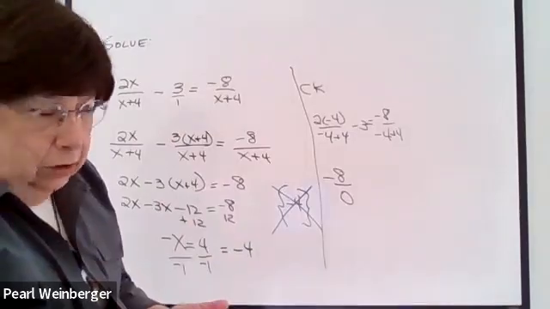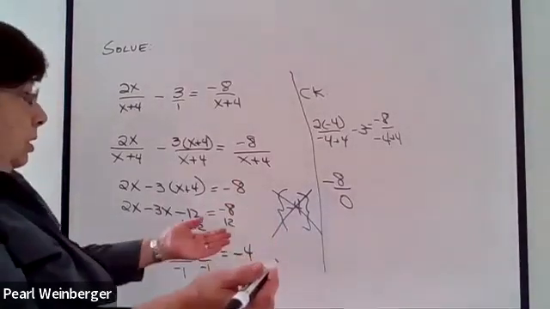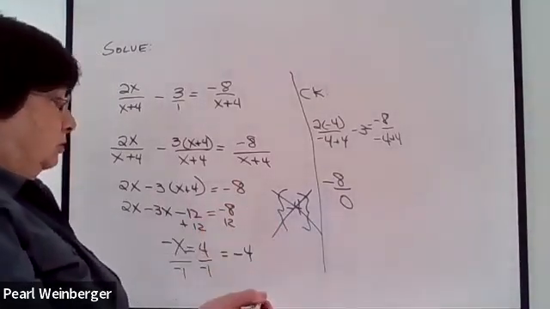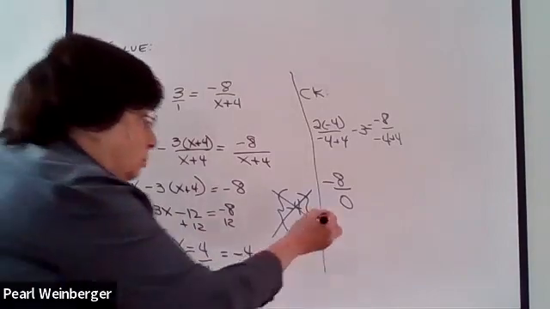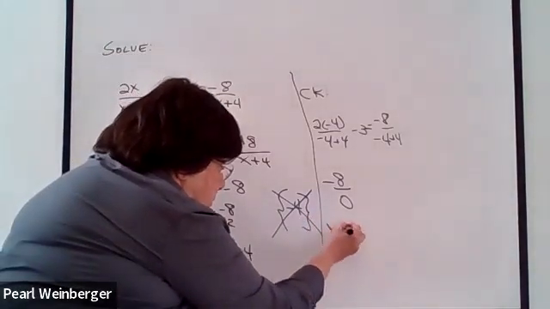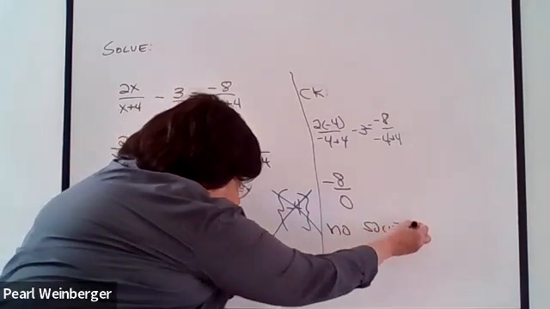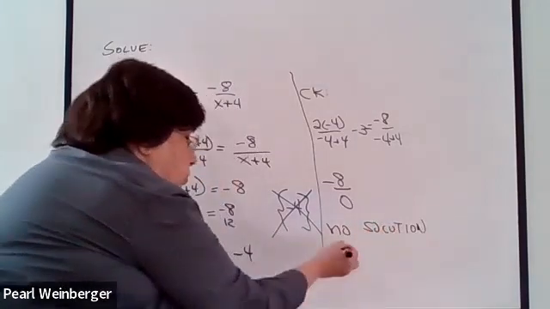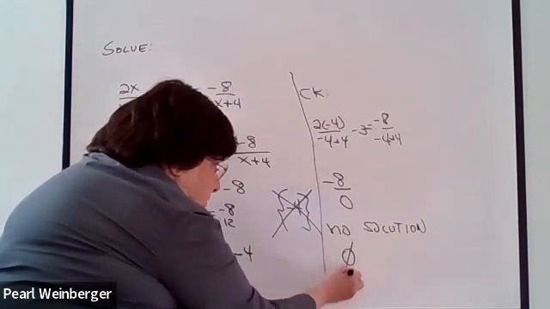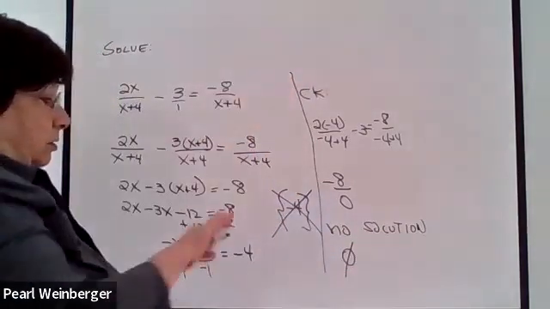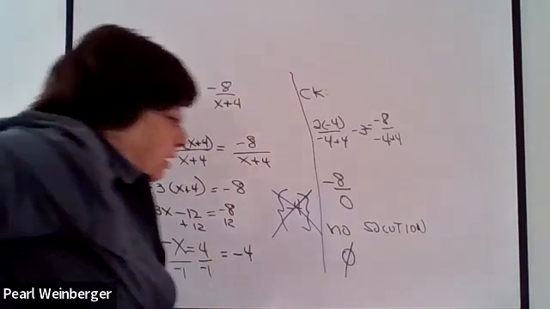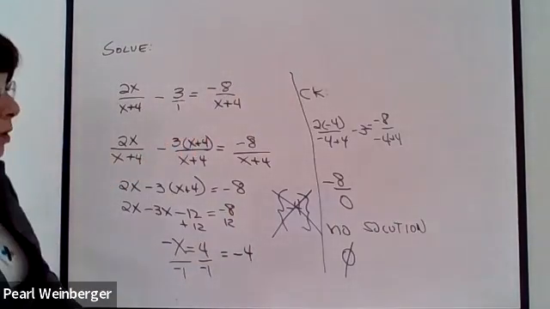We can't use it. So if -4 is not the answer, what is the answer? There is no answer. There's no solution to this problem. Sometimes we write just no solution, or sometimes, you remember, we use this 0 with a slash through it to tell us there's no solution.